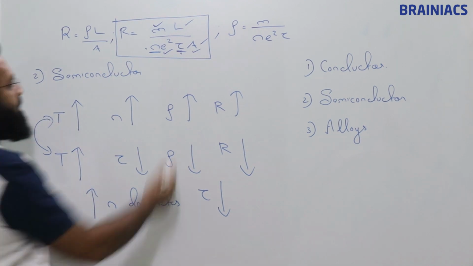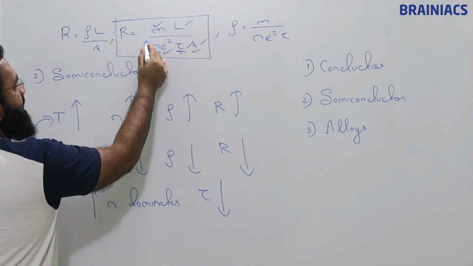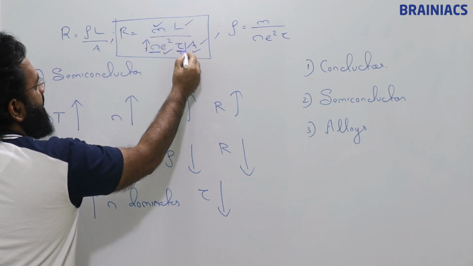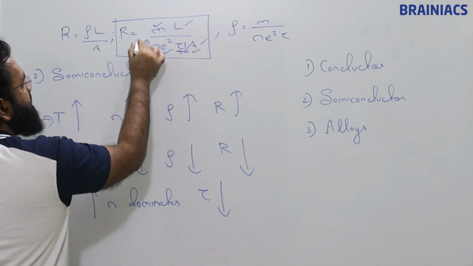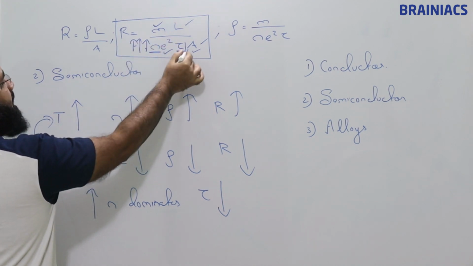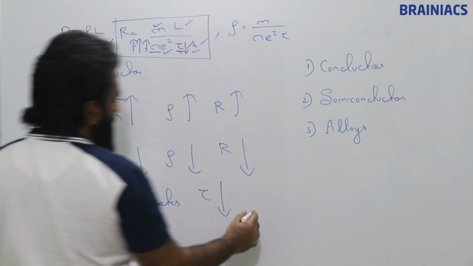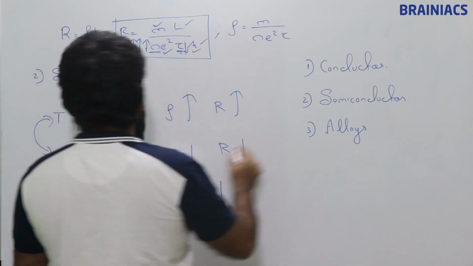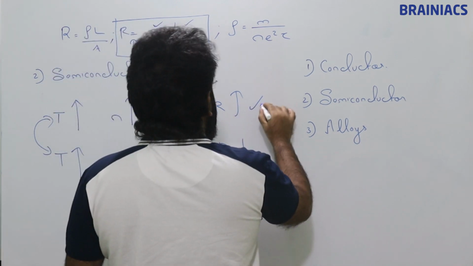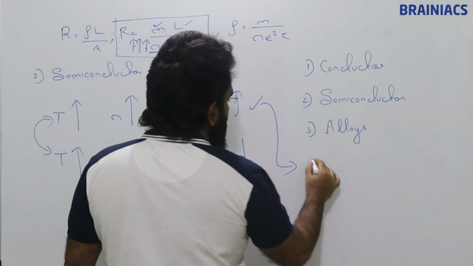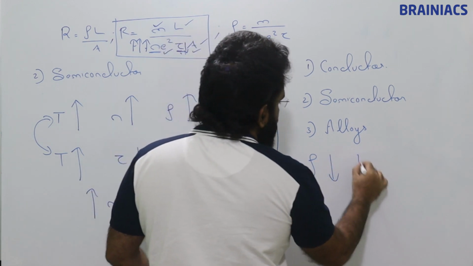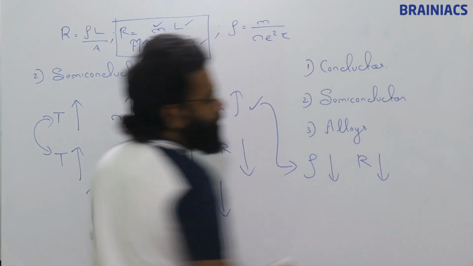So this increase dominates the decrease in relaxation time. So what will happen overall, since this is dominating? Resistivity decreases, resistance decreases.